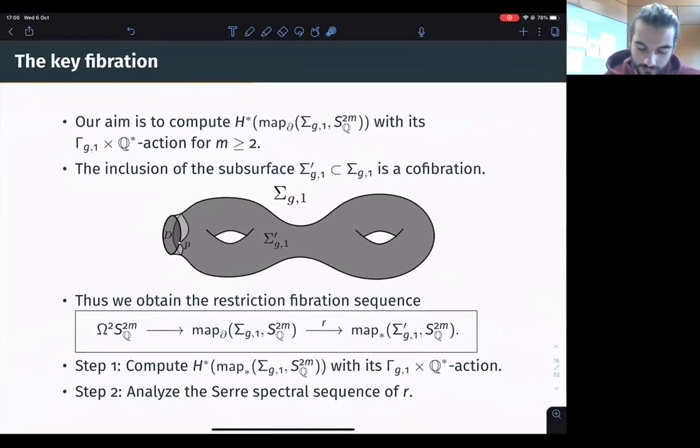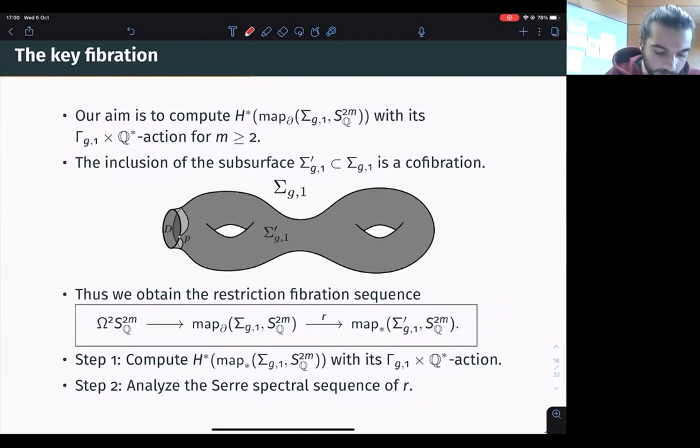But before we do that, let's look at this fibration here. Because the inclusion of sigma G1 dash in sigma G1 is a cofibration, and the restriction here is a fibration. The upshot is that here we have just fixed the behavior at a point. So the base is just based maps from the surface to the sphere. And what's the fiber?